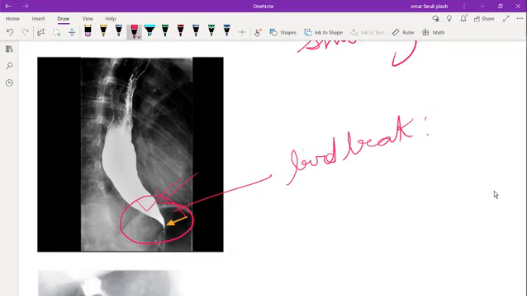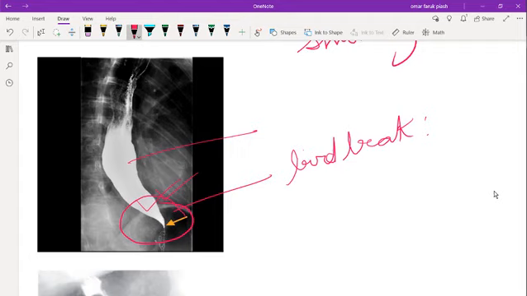Now presentation is this: the person presents with the most common symptom, dysphagia, progressive dysphagia to solids and then liquids.